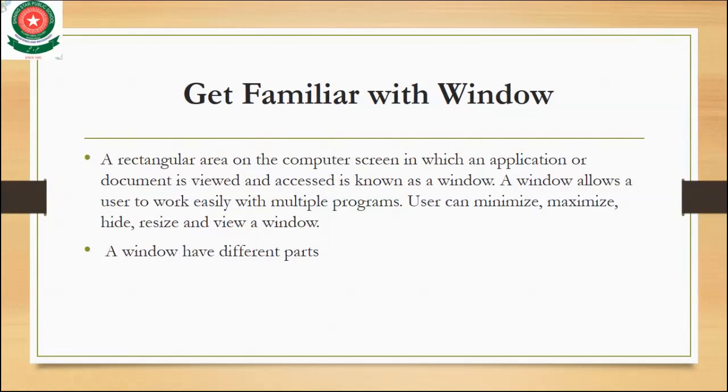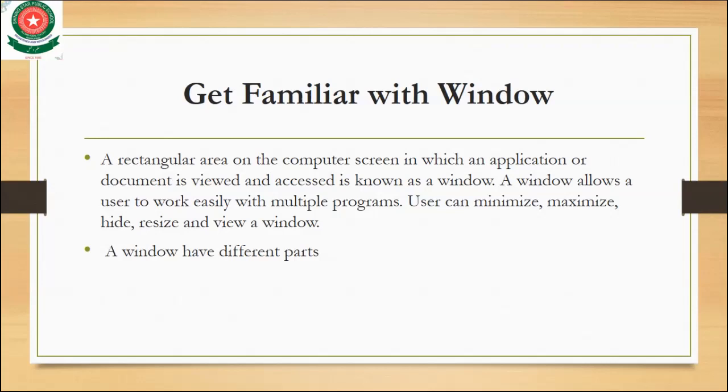A rectangular area on the computer screen in which you can view any application you install on your computer, or a document saved on your computer, and easily access it, is known as a window. A window also allows you to work easily with multiple programs at the same time.